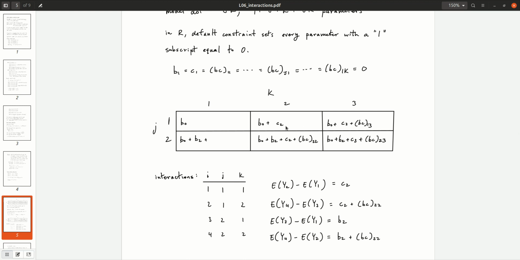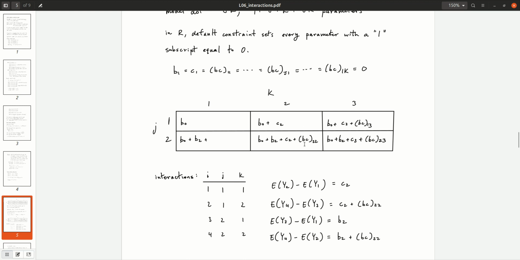Now, if we take the difference of y4 and y3, the expected value of y4 minus the expected value of y3, the b0 plus b2 will cancel, and we're left with c2 plus bc22.